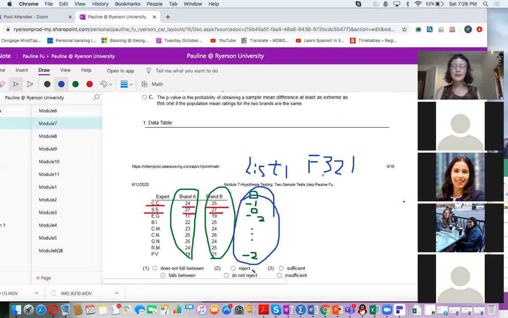So I repeat: F3, F2, F1, and then for the data, you select list, not variable. Data is list, and then mu, select not equal, mu 0, and mu 0 is 0.